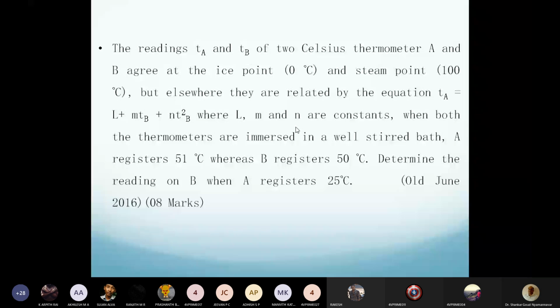Someone has given m is equal to 0.96. Yeah, correct. Sir, how to find the value of m? See, you have this equation 2 and equation 3? Yes, sir. Okay.